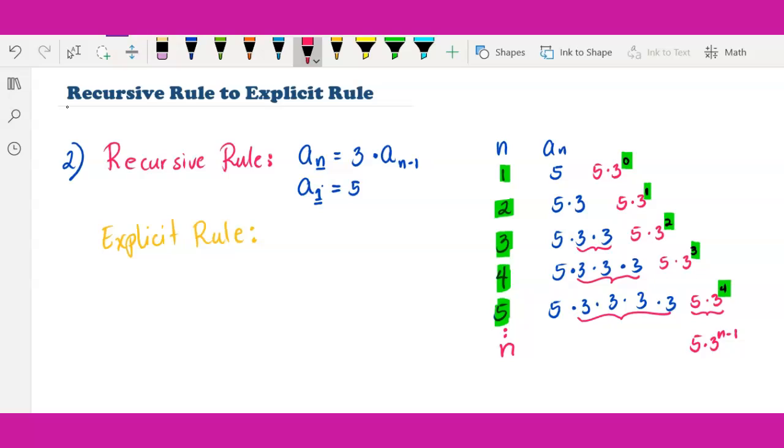So if you know n, a sub n is equal to 5 times 3 raised to the n minus 1. All right, so basically this just becomes the exponent of what we're multiplying by. And 5 right here is just the first term. So that's an explicit rule that involves multiplication instead of just addition.